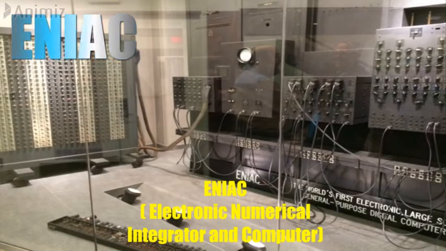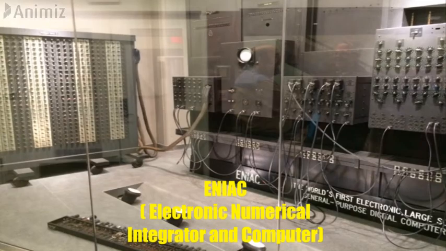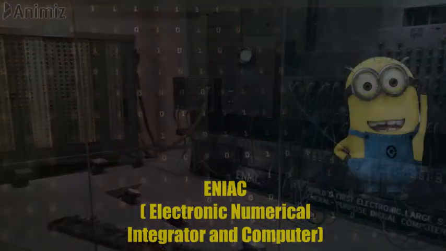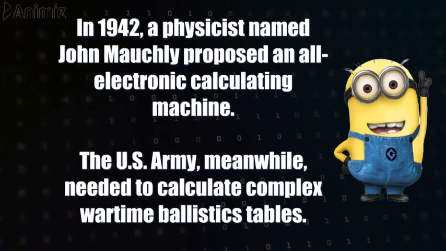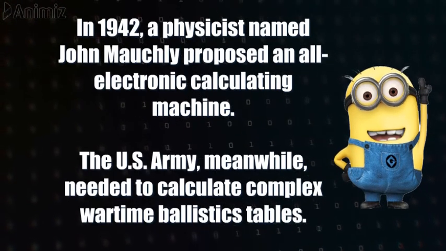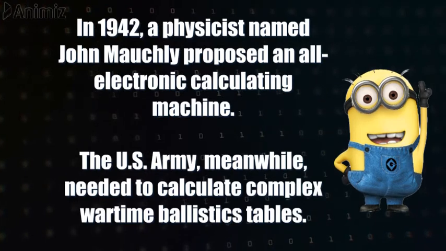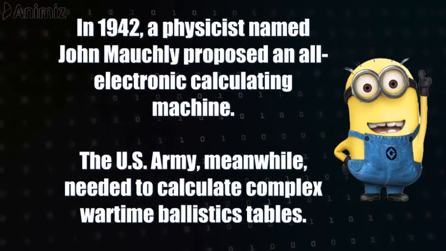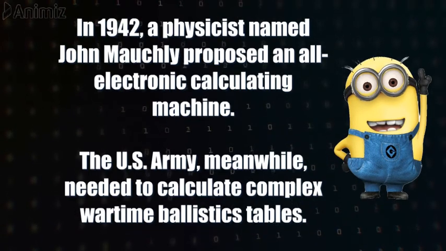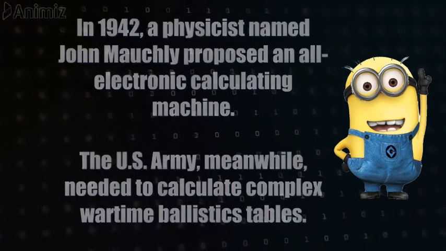ENIAC, Electronic Numerical Integrator and Computer. In 1942, a physicist named John Mauchly proposed an all-electronic calculating machine. The U.S. Army, meanwhile, needed to calculate complex wartime ballistics tables.